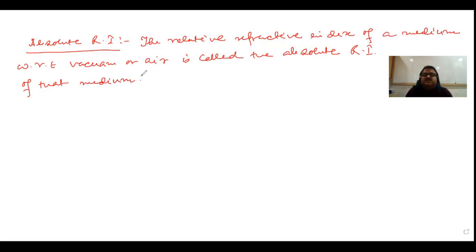What is the technique of writing this? Say, for example, I'm trying to write down the absolute refractive index of medium 2, correct? So look at this. Absolute refractive index of medium 2. We should write it like this: only mu and 2.